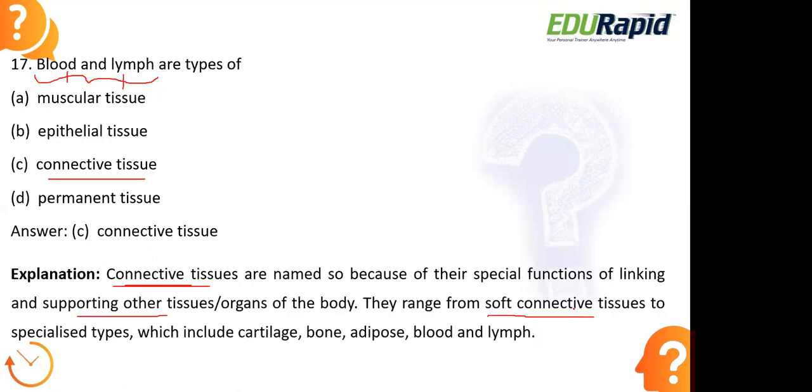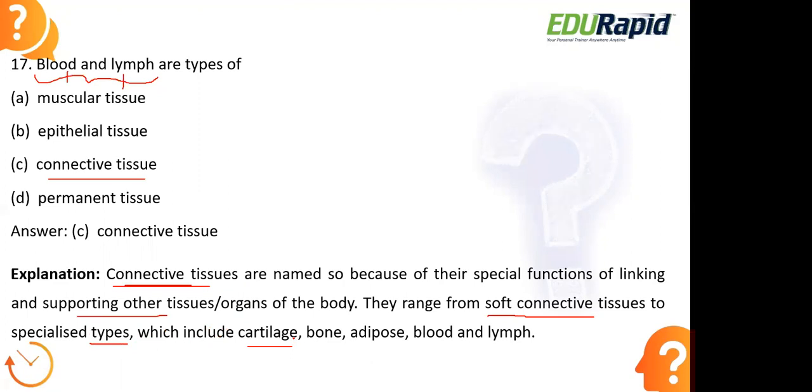Here we can see some of the specialized types of connective tissue, such as cartilage, the soft part of the bone that we have. In the external ear, the pinna, we can bend this part of our ear easily, right? Because we cannot bend our elbow, the bone that we have in our arms or the wrist.